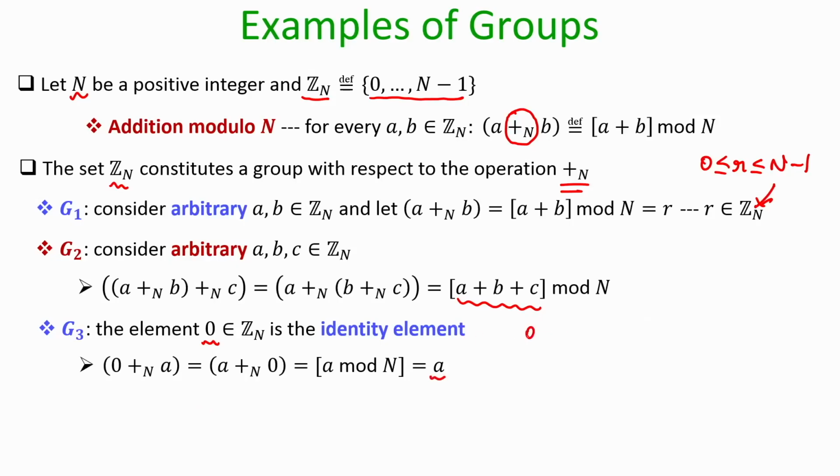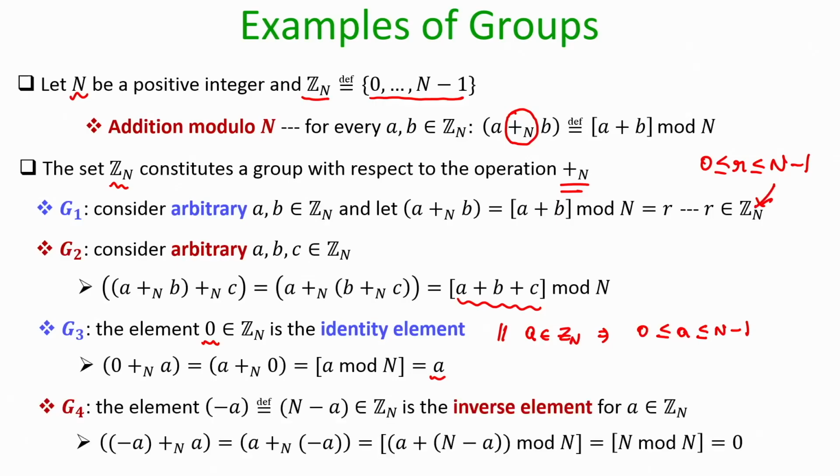Since a is a member of Z n, a is somewhere in the range 0 to n minus 1. If I add 0 to a, the value of a remains the same, and if I take modulo n, the effect of mod will not actually take place, because a is less than n to begin with. So, the result will be a.